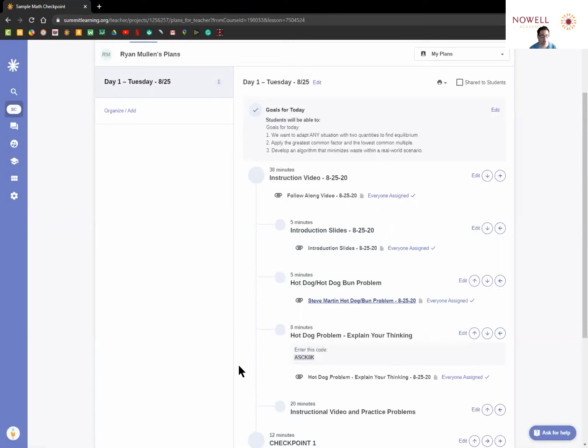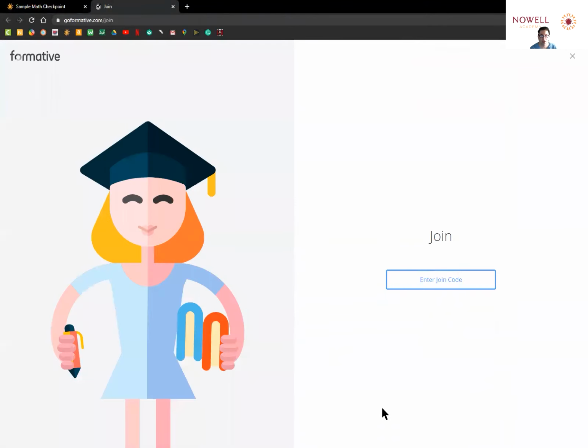In order to access the Go Formative link, you're going to need this code right here. I would write this code down, or I would copy this code, and then I would click on this link right here. That's going to bring you to a Go Formative page.